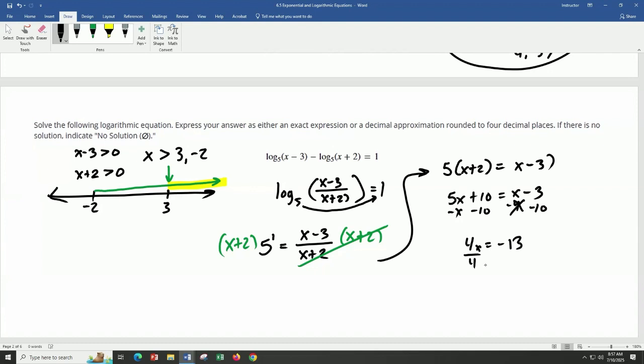How about we divide by 4? I get x is equal to negative 13 over 4. Am I allowed that? Notice that that's going to turn into what? 4 will go into 13 how many times evenly? 3 times, right?